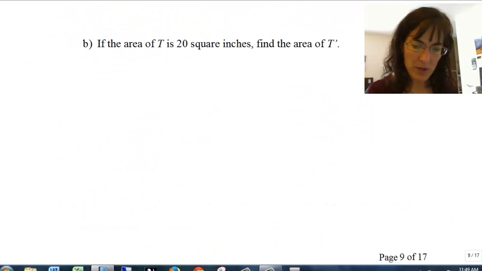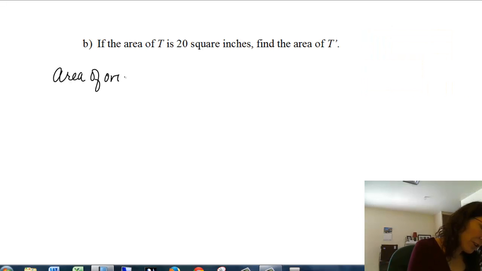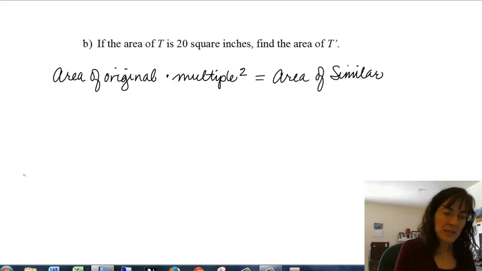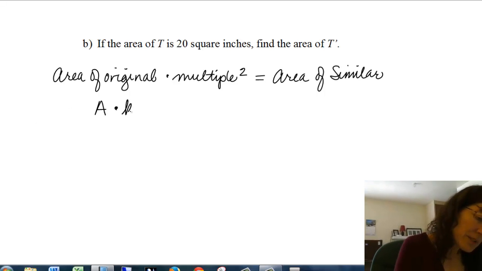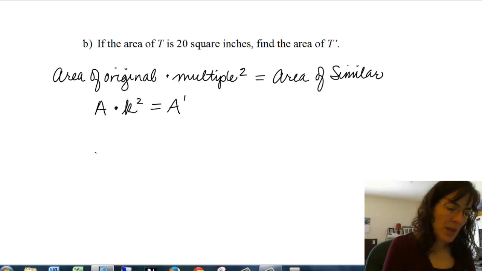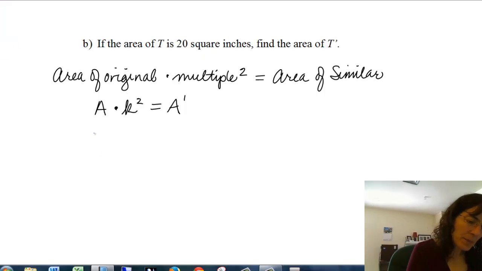Let's look down here and write that in. So I have the area of the original times the multiple squared equals the area of similar. And I can look at it as A times K squared equals A prime. And for my actual example, my area is 20 square inches. My K was 12, so I have to square that.